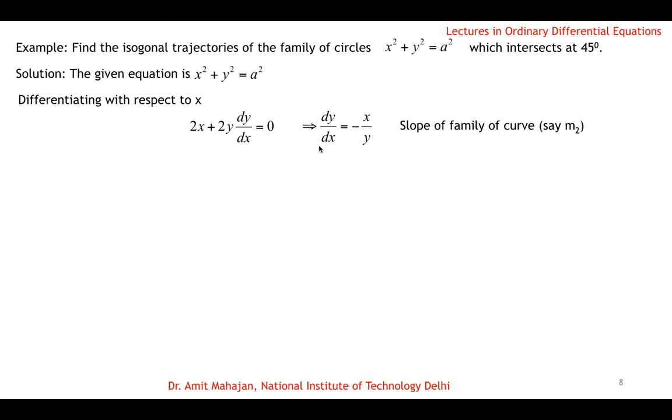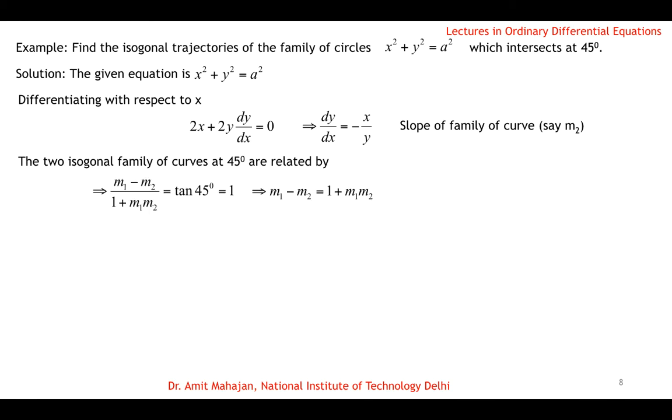The slope of the given family and the slope of the isogonal trajectories are related by the equation we just stated: (m1 minus m2) over (1 plus m1 m2) is equal to tan alpha, and alpha is 45 degrees, so tan 45 is 1. Here m2 is the slope of the given family, which is minus x over y, and m1 is the slope of the isogonal trajectories.